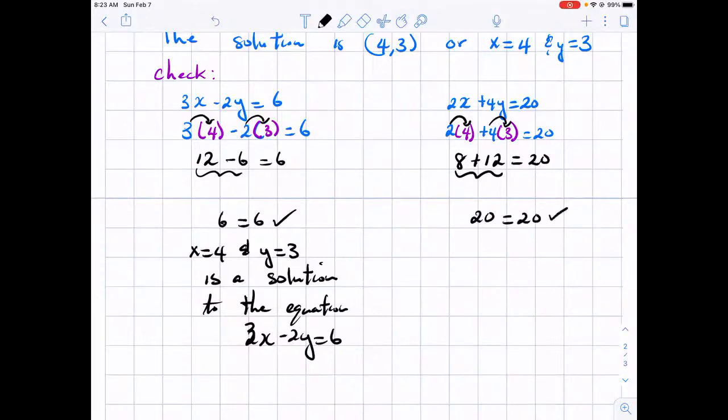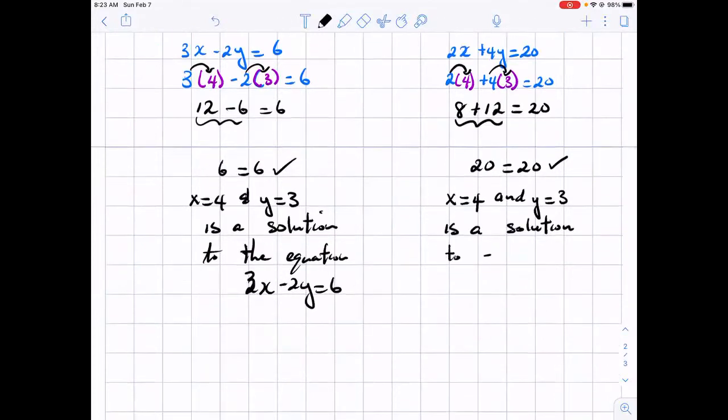And that also checks. So x equals 4 and y equals 3 is a solution to the equation 2x plus 4y equals 20.